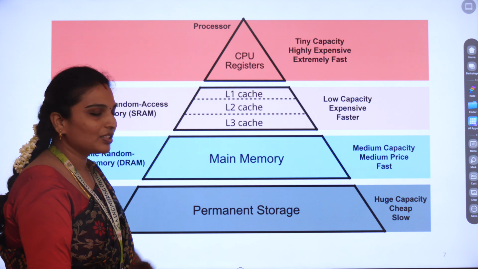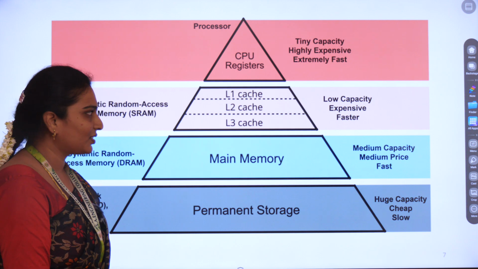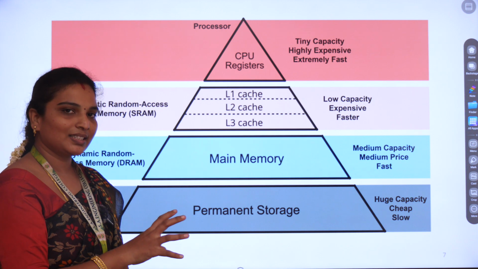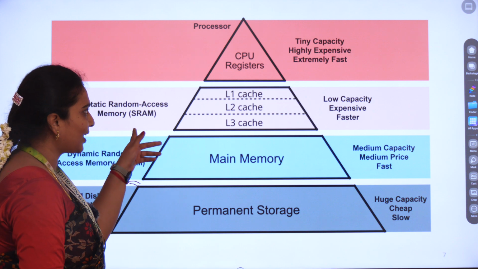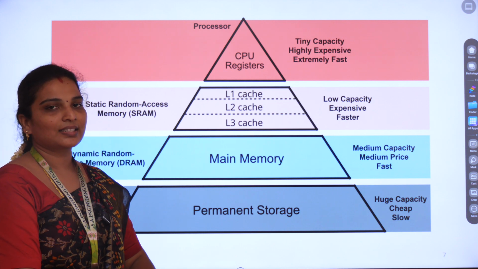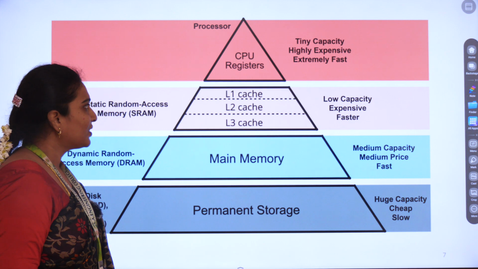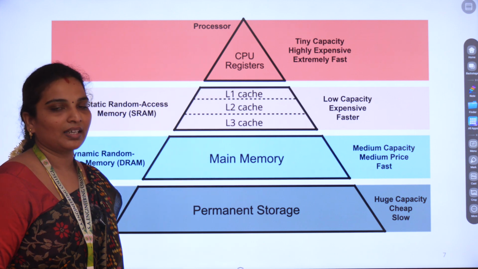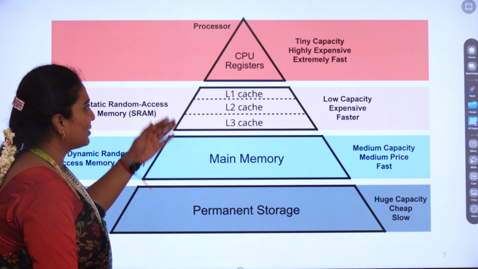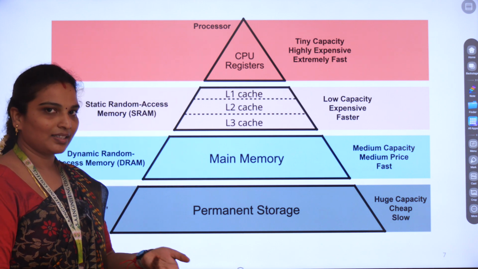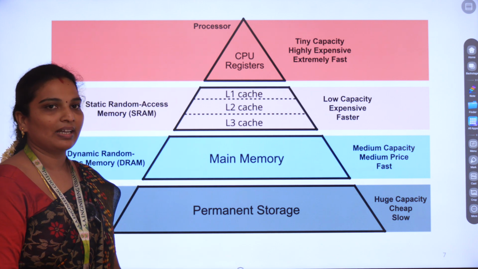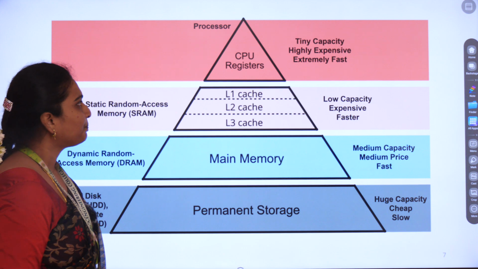The register is also known as CPU register, because this memory is placed inside the CPU. The processor has the privilege to access the data directly from the register. Since the register is present inside the CPU itself, data access will happen in a faster manner.